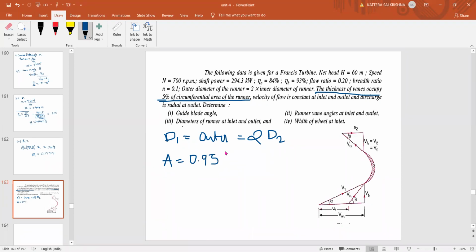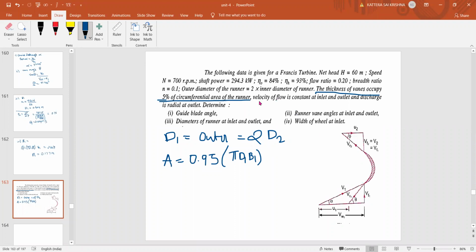That's why we take area equal to pi D1 into B1, and if you want discharge, you multiply this area into Vf1. That is why he has given one extra thing: 5% is lost because of the vane occupancy.